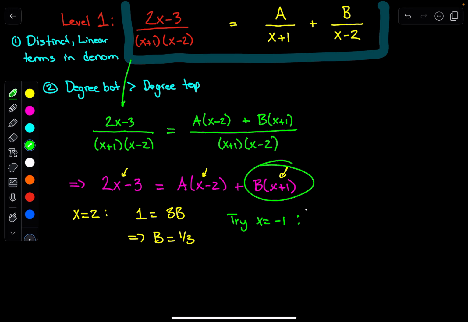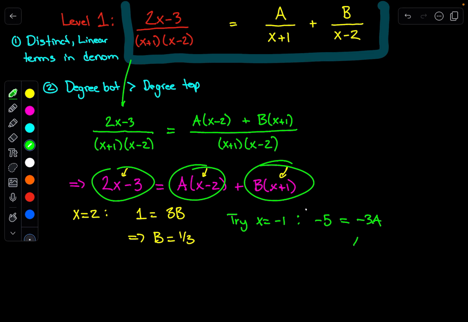And so if I plug in -1 to the left side, we get -2 minus 3, which is -5. And on the right side, we're going to get -3a, and so we very quickly get that a is equal to 5/3. And just like that, we're done. We've solved for our a, we've solved for our b, so we were able to split up these fractions very easily and figure out what those coefficients a and b have to be.